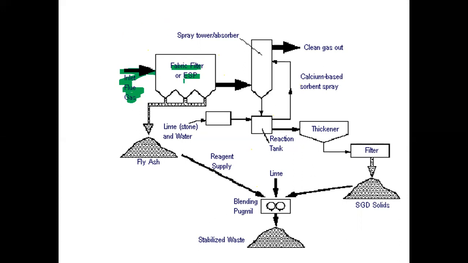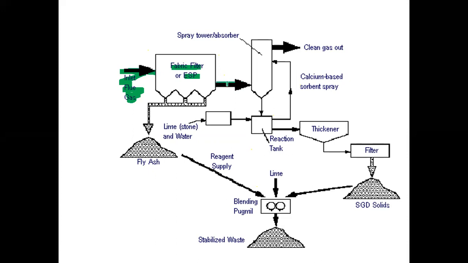Or if we use an electrostatic precipitator, we can precipitate the suspended particles. From the fabric filter or electrostatic precipitator, we get the particle-free flue gas stream. Then there will be other gases like SOx and NOx.